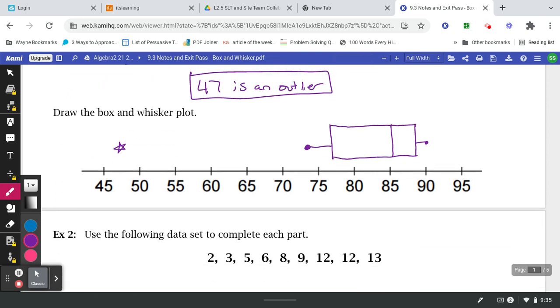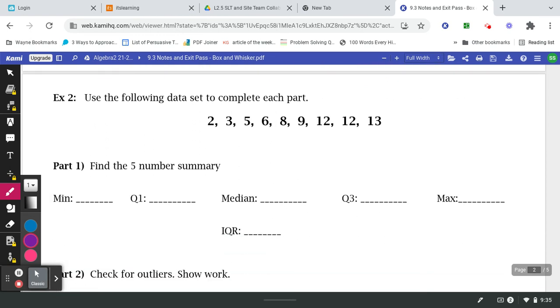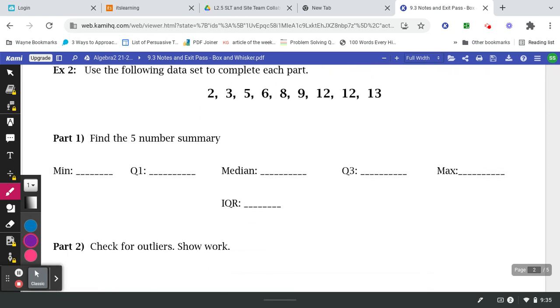All right. Well, let's look at example 2. This time our numbers are in order, but they did not find everything for us. So we'll go ahead and do that. Minimum 2, max 13. Finding the median. Median is 8.